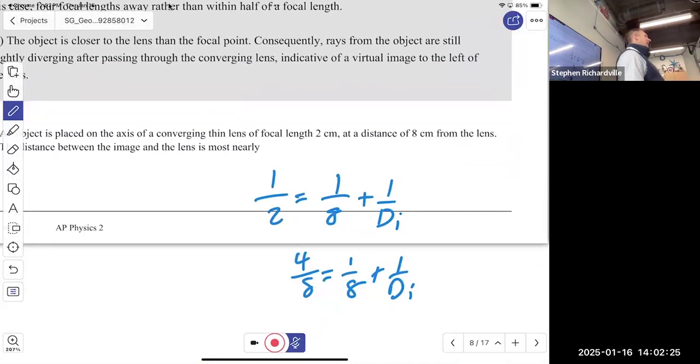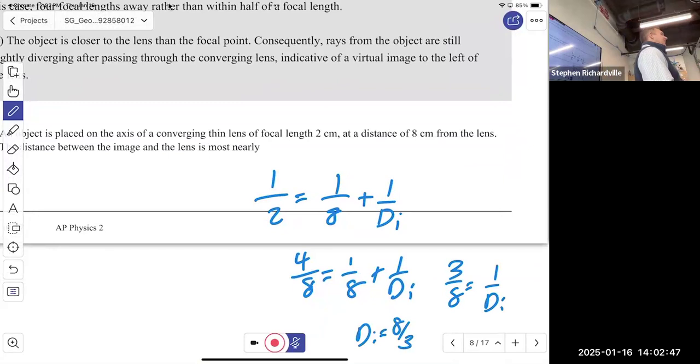Again, they do a lot of these so that you can do the math real quick in your head, saving you some time for some of those longer problems. So flipping them, DI is 8/3. And in physics, we typically reduce that because fractions are evil.